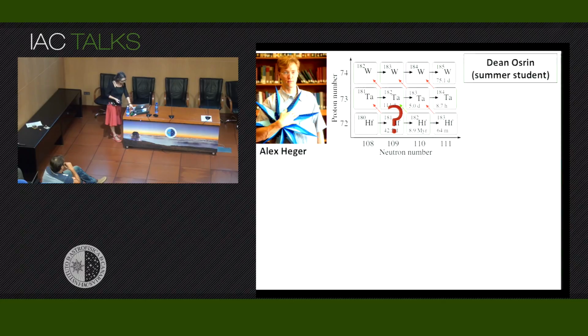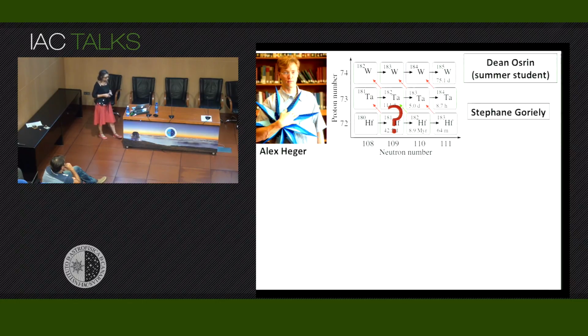Then we were lucky, it was the summertime in Australia, and we had a really good student working with us for the summer. But we're both not nuclear physics experts. We also needed someone who can help us calculate the decay rates of these nuclei. So we asked for help from Stefan Goriely.